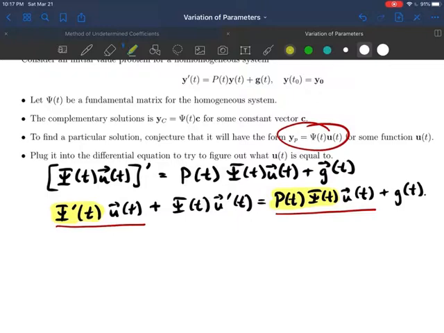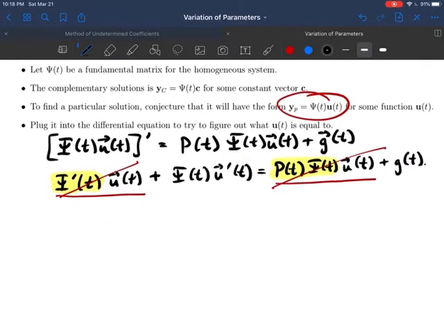And our theorem said that those are equal to each other, right? That c prime equals p of t times c, that it satisfies that differential equation. So that means that these two terms are equal, which means that they will cancel. And that leaves us with a simplified equation, right?